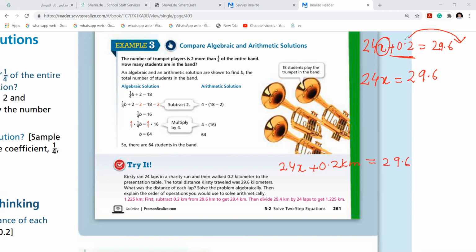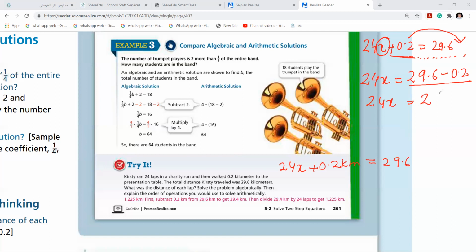Shall I write plus 0.2 or minus 0.2? Minus, yes, because it is walking to the other side. When it walks to another side, plus becomes minus. Now, if you have your calculator, just copy 29.6 and minus 0.2 from it and tell me how much this is.